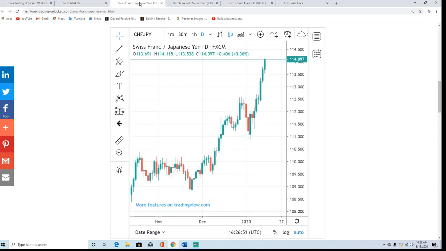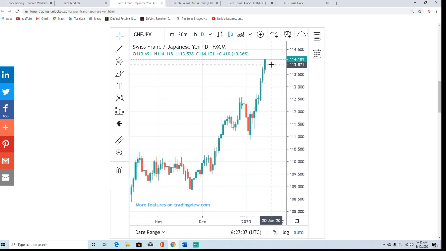Here we have, just as we had the dollar exploding to new highs in the yen, look at this, the Swiss versus the yen. It's already blasted through the 1.12, 1.13 area, which we're looking for with the dollar yen, or excuse me, the US dollar yen. Look at this.